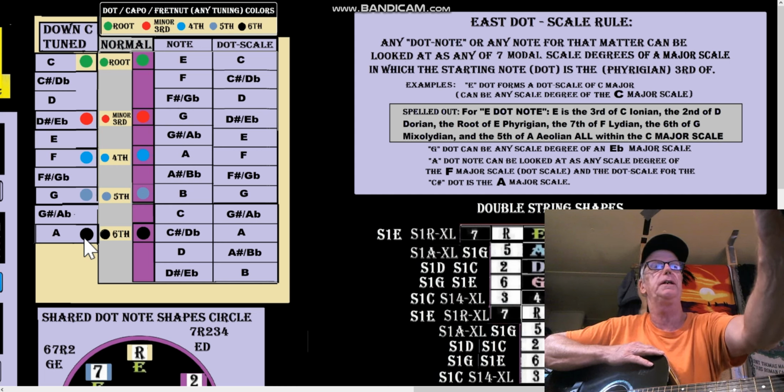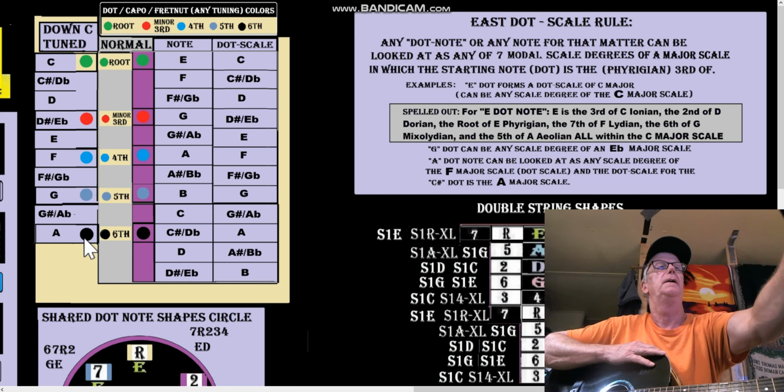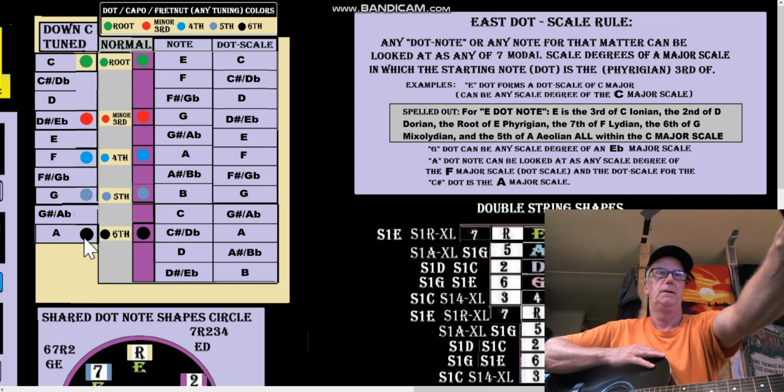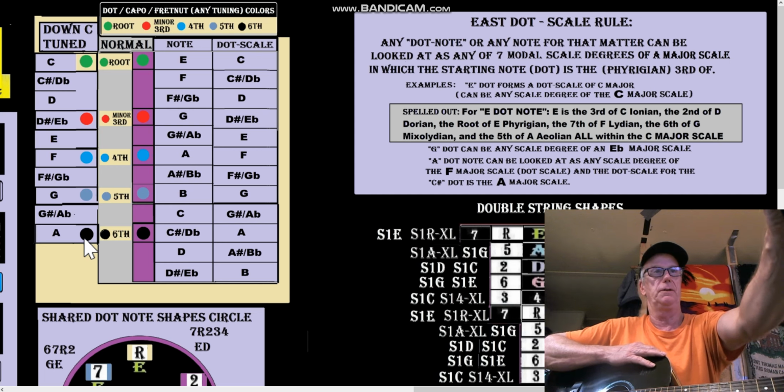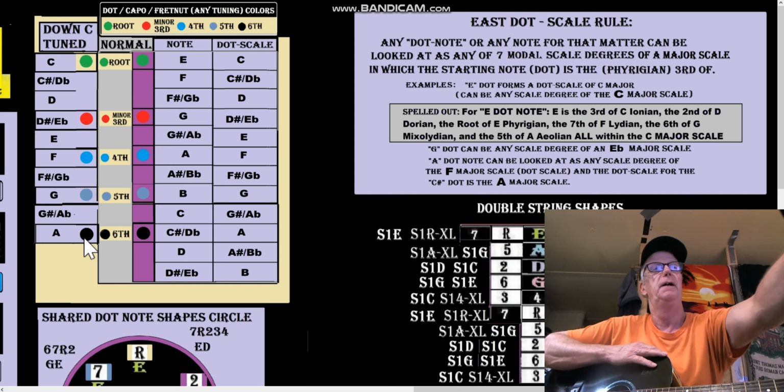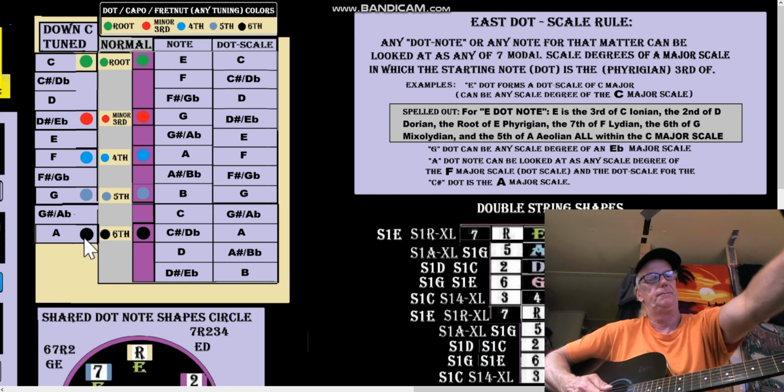So it's C, D, okay, it's E, D, down to C. Okay, now the C part would be C to B flat to A flat.